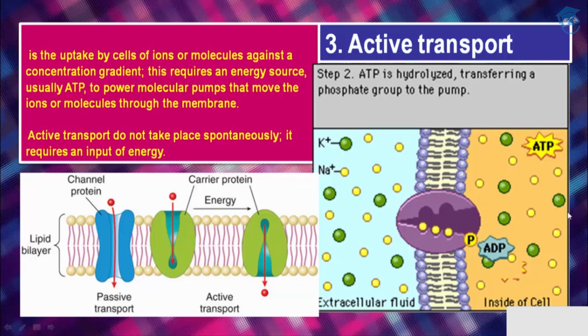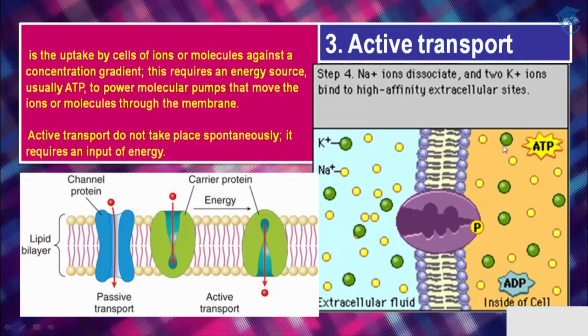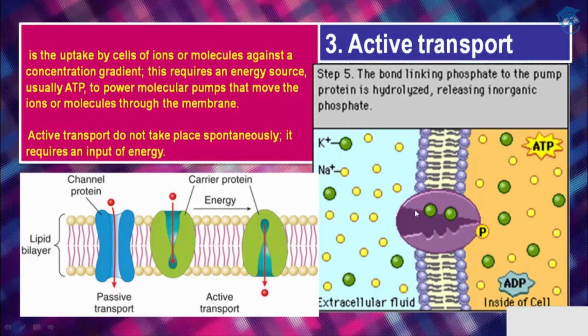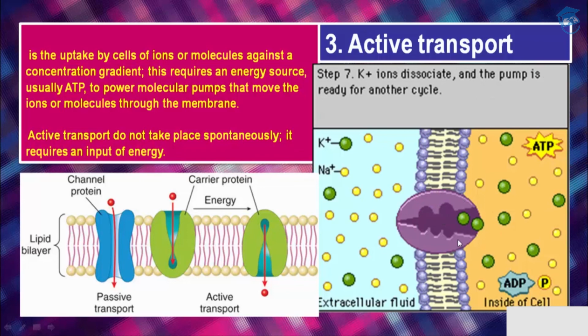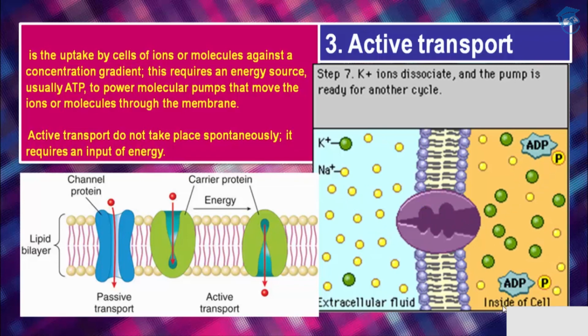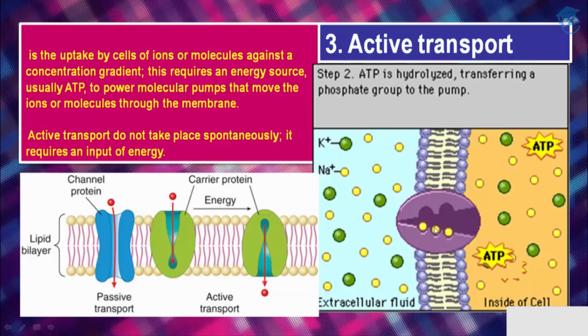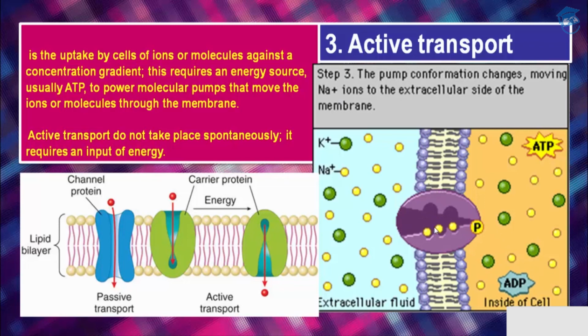So I hope it is clear to all of you now how conformational changes take place in the pump. This is the pump, you can say, or this is a protein that allows ions to get exchanged from the extracellular fluid to the inside of the cell, students. And this way, as you have seen, K+ provides energy for the ready uptake for another cycle.